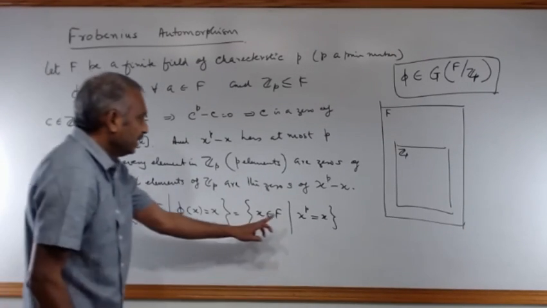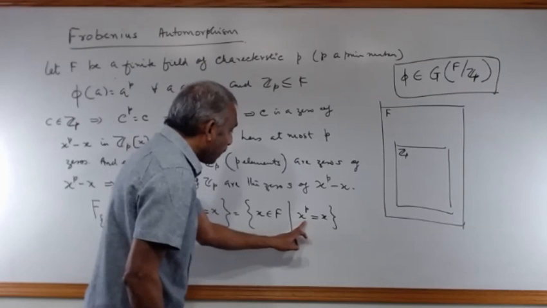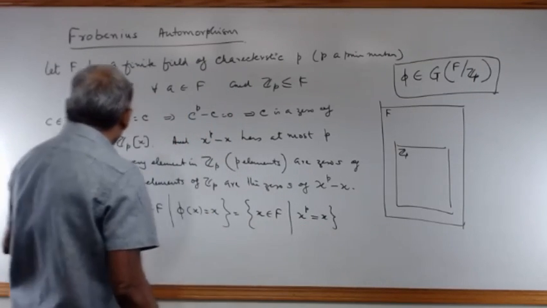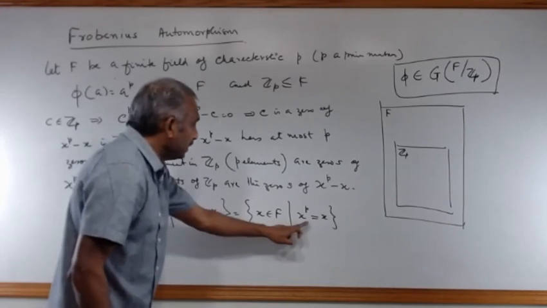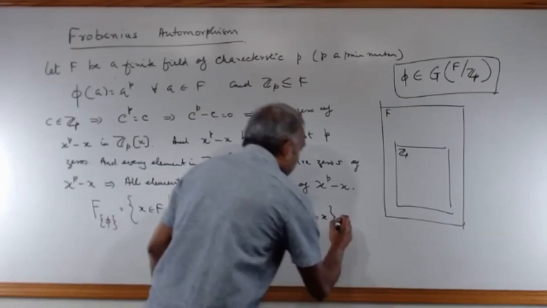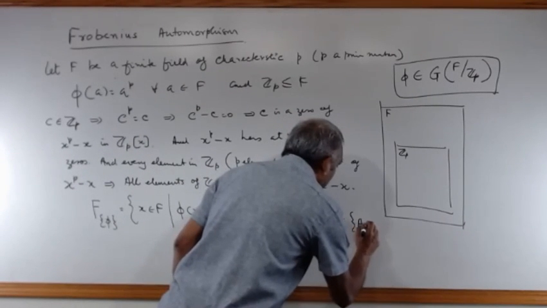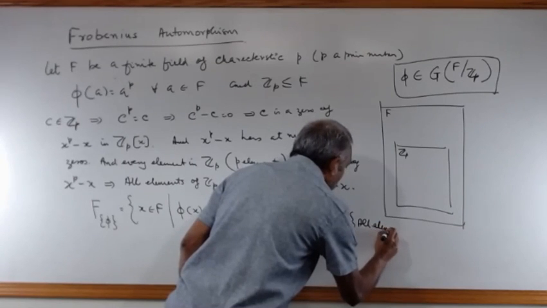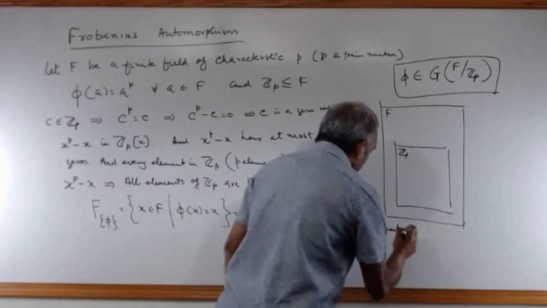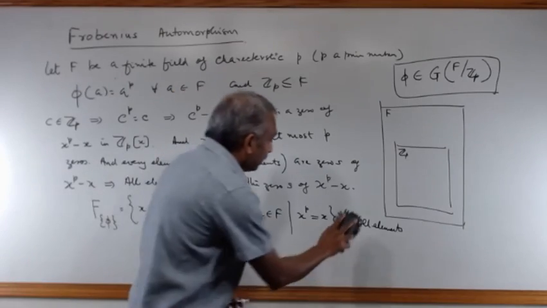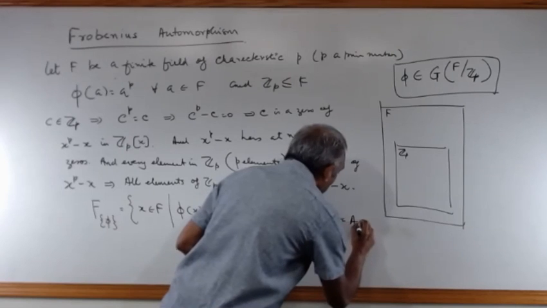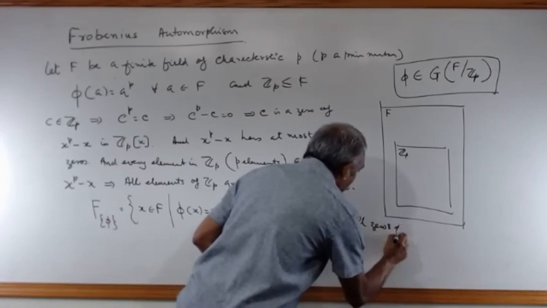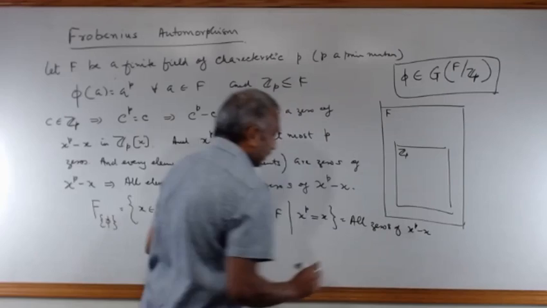And what is this? This is actually the zeros of x to the power of P minus x. So all these elements are all zeros of x to the power of P minus x.